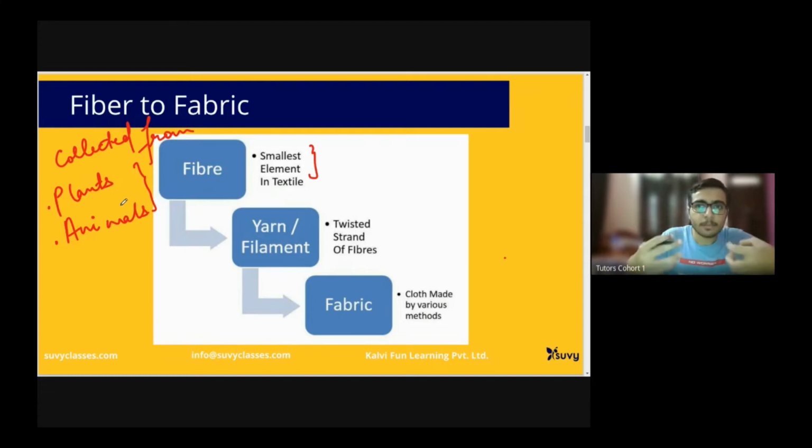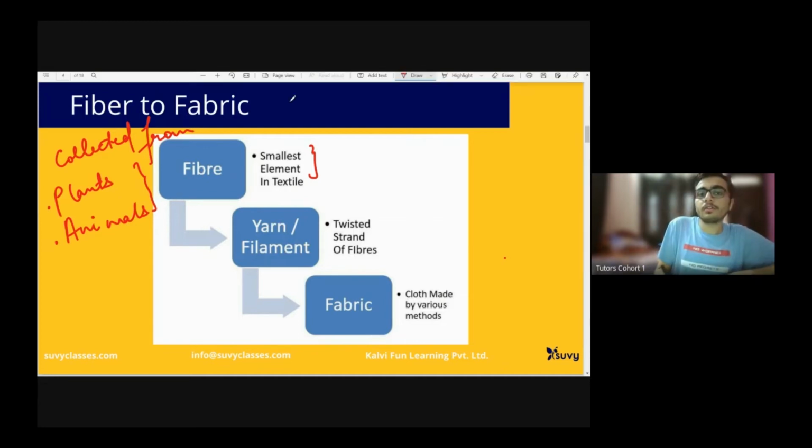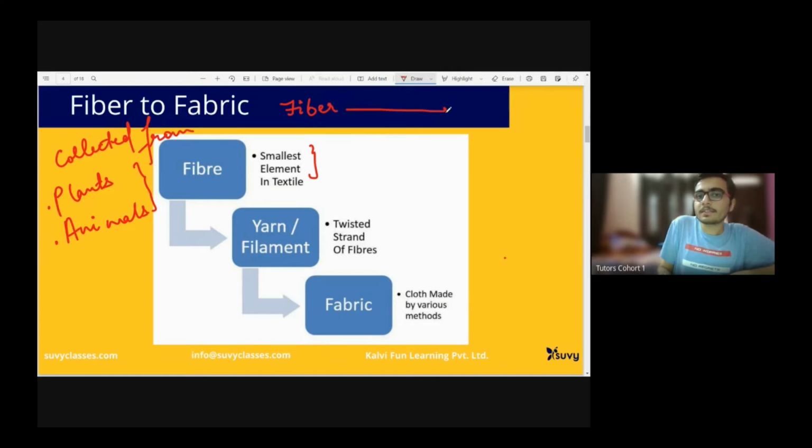Now this fiber will be processed to form fabric. Some process will be used to convert this fiber to fabric. Now, in this process, children, there is an intermediate stage where we get yarns. And using these yarns, we get fabric.